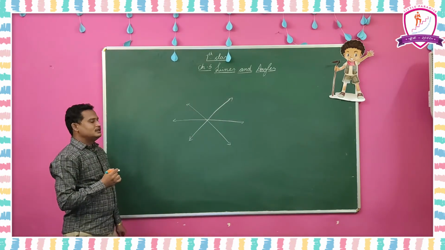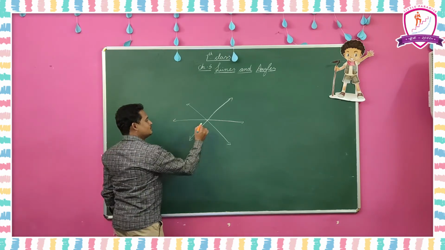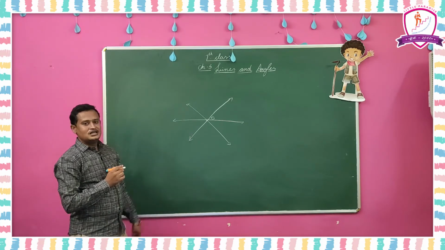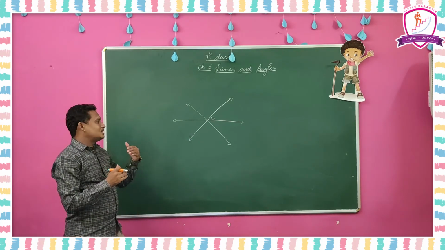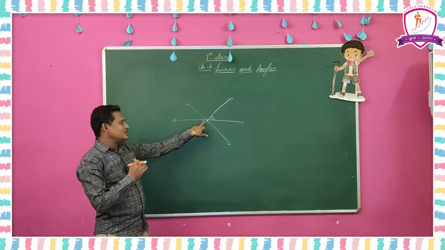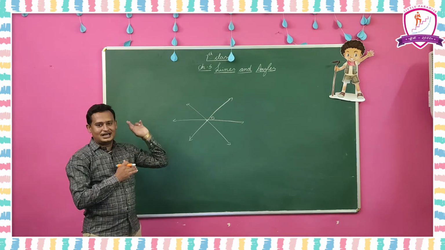Next concept. I am going to draw a few lines passing through one point. Here I draw 3 lines passing through one point. This common point is called the intersecting point or concurrent point, and these lines are concurrent lines.